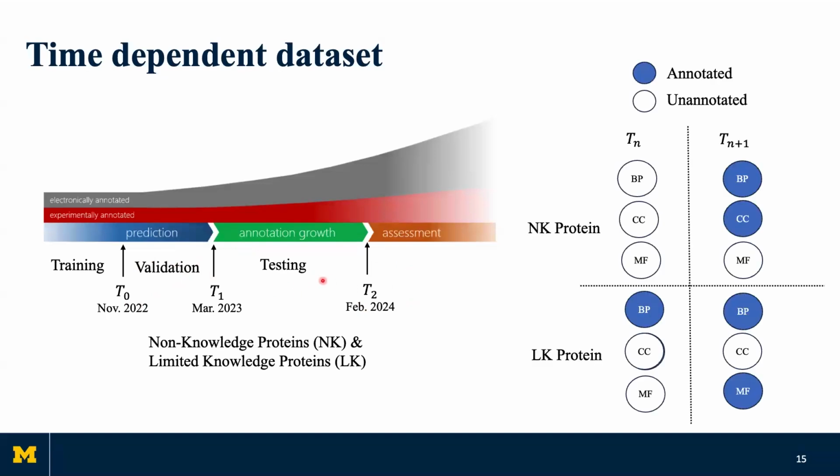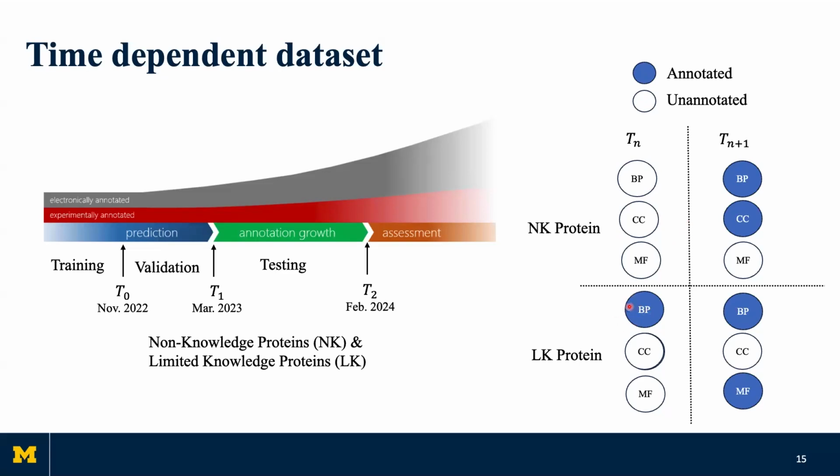The definitions of no-knowledge protein and limited-knowledge protein are given here. For example, if we have a protein that did not have any annotation before, and at the next time point it has some annotation, we consider it a no-knowledge protein. Limited-knowledge proteins are proteins for which we already have some annotation for at least one aspect.